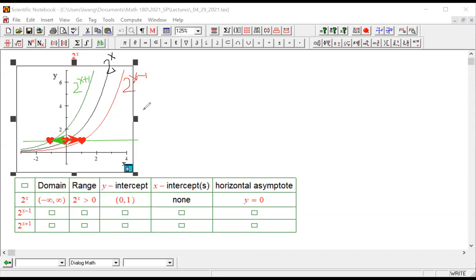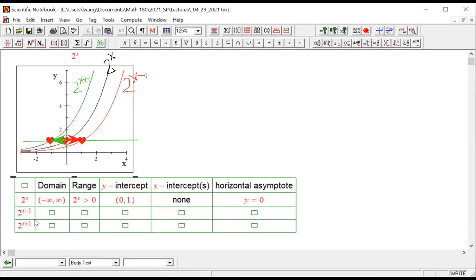Okay, so next, we're going to see domain, range, and all the other stuff. And I do want you to see another phenomenon, though, from an algebraic operation.